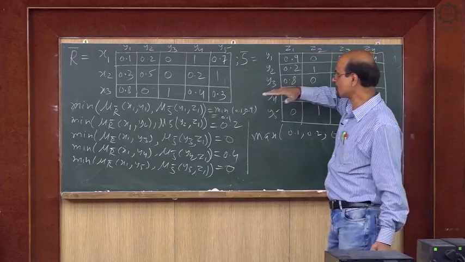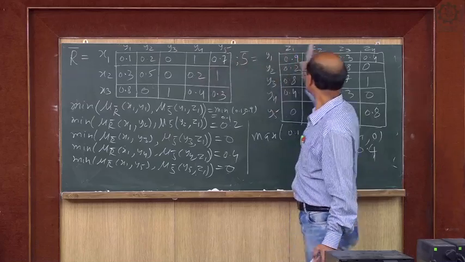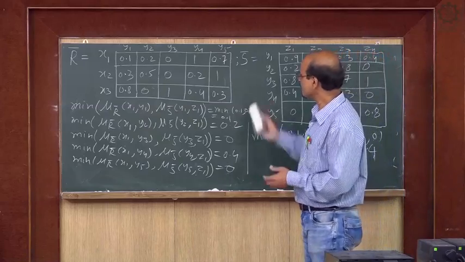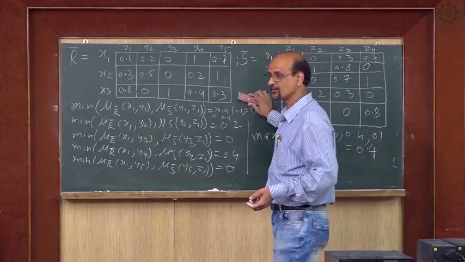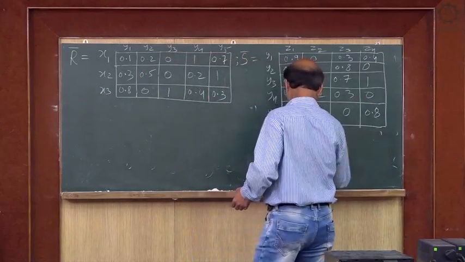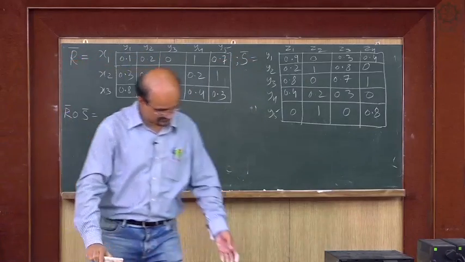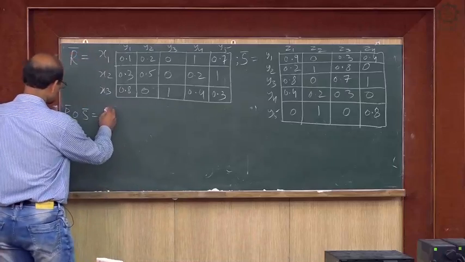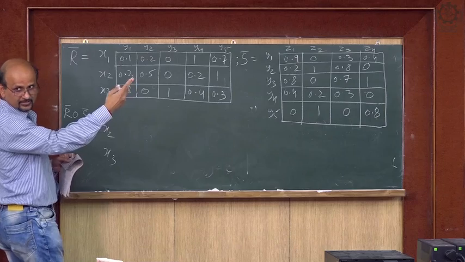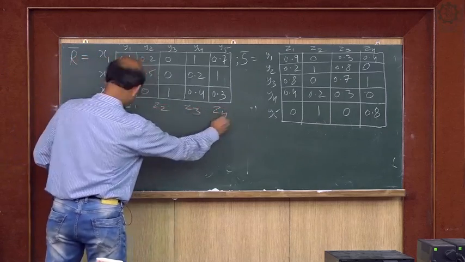Understood? For the second row, you will have second row first column, second row second column, second row third column, just as you do in matrix multiplication. So I am writing the solution directly. You can complete that, and you will have R dot S. So you can tell me x1, x2, x3, it will be from x to z, that is z1, z2, z3, z4.